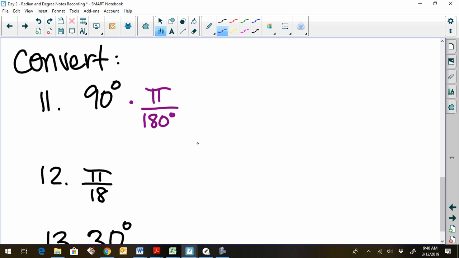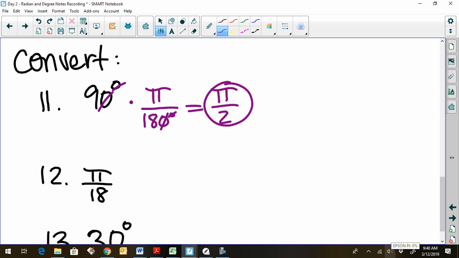So notice how our degrees will cancel. I have 90 and 180, so I can divide both top and bottom by 10. 9 divided by 18 is 1/2, so I'll end up with pi over 2. And that was what we knew to be true.